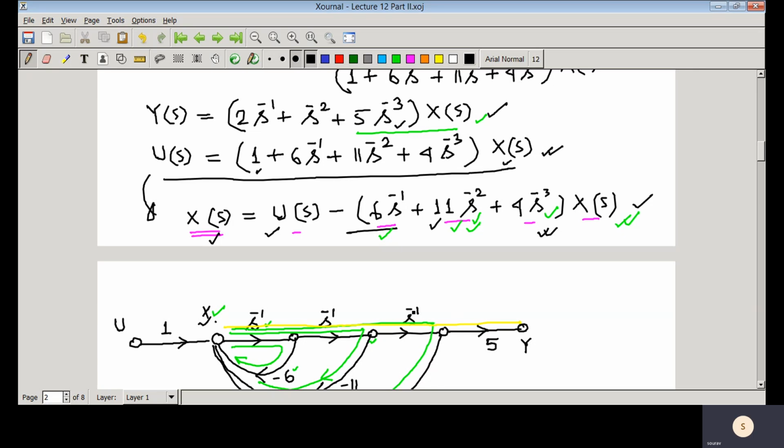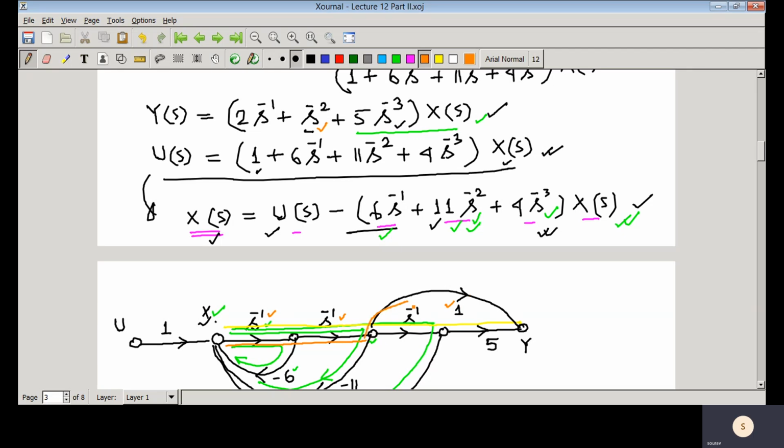Then similarly, what about s to the power minus 2 into xs? If you take from here, there is a branch with gain 1. You can see here that you are starting from this point and going like this. So it is s to the power minus 1 into s to the power minus 1. So that is s to the power minus 2 and branch gain 1.